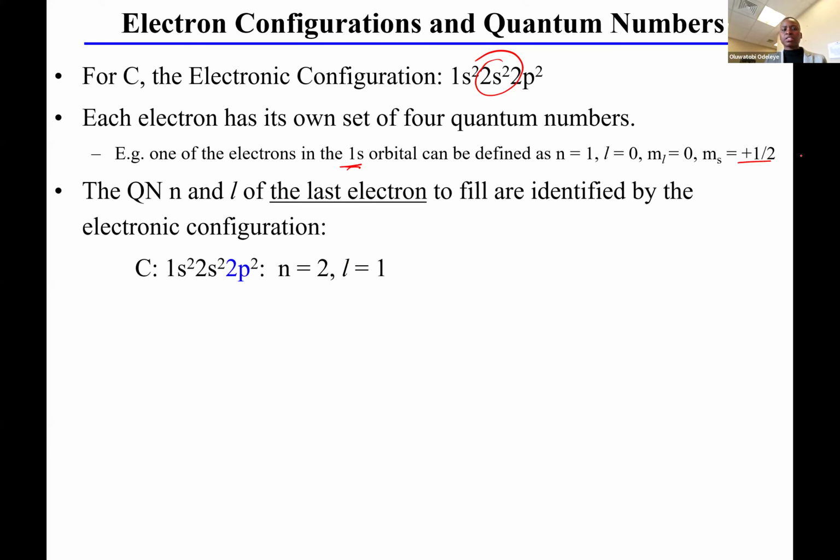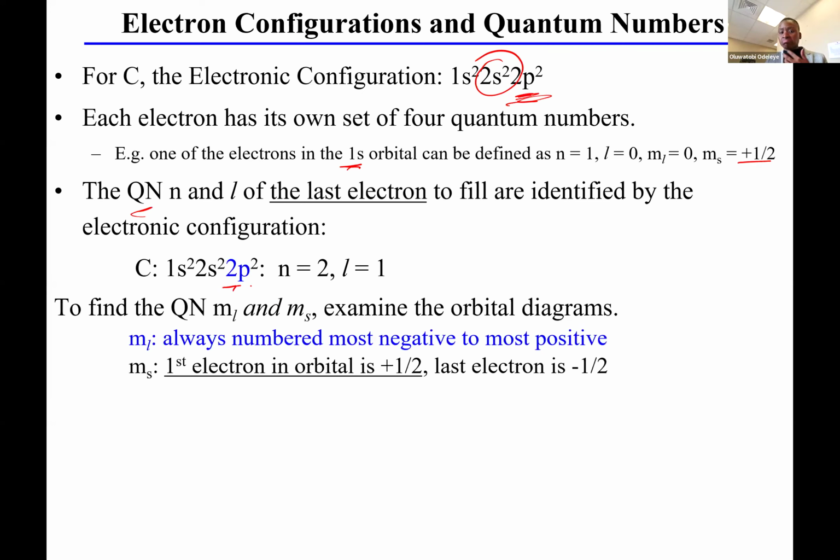Okay? So for another example, figure out the quantum numbers for the last electron to fill in this carbon. The last electron has to go in the p orbital. n equals 2 because it's 2p. l equals 1 because it's in the p orbital, again, the last electron right here.